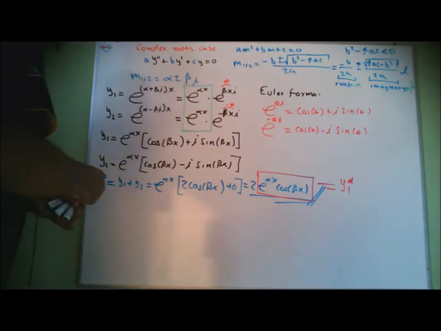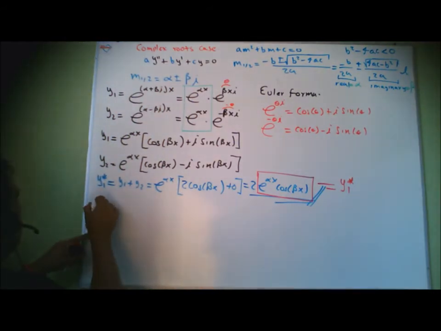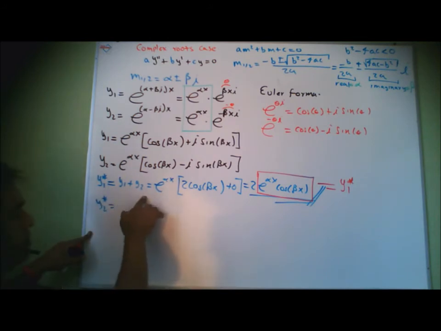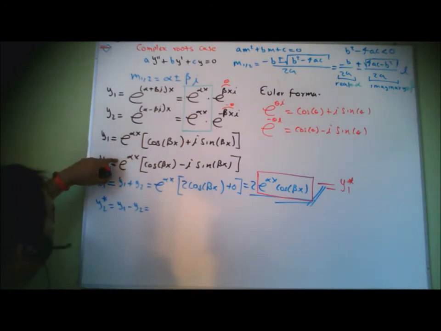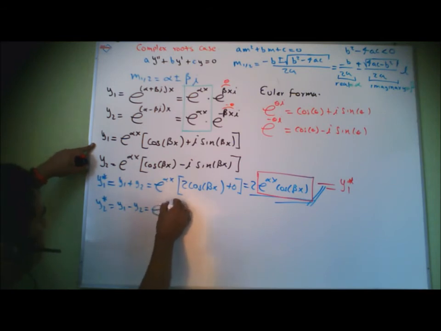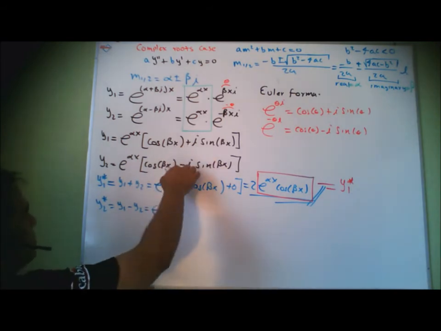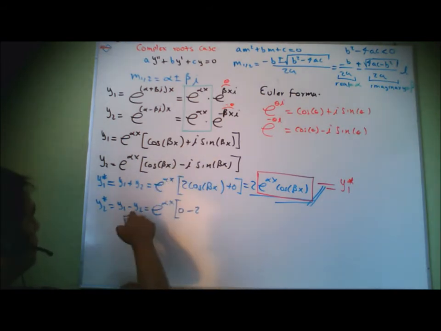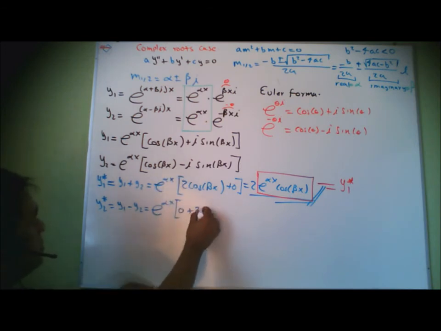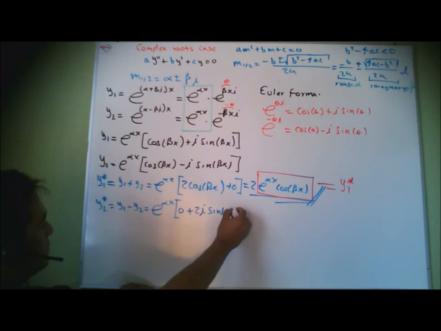Okay, now, what if we do the opposite? Y2 star, my second solution, but instead of making the addition, now we do the subtraction, y1 minus y2. So it's going to be this minus this. What will happen is that the exponential is still the same, exponential of alpha x, the real part is this, so it's going to be the same. Now it's going to be this minus this, so it's going to be 0 on the cosine, and then this minus this is going to be minus 2, no, sorry, plus, because minus times minus is positive, plus 2I sine of beta x.